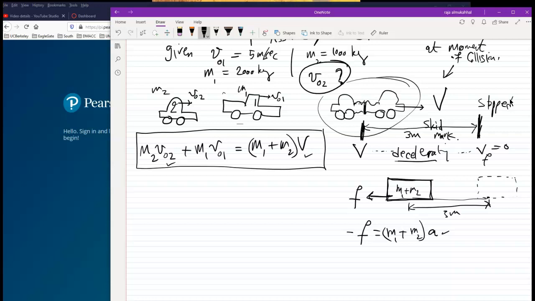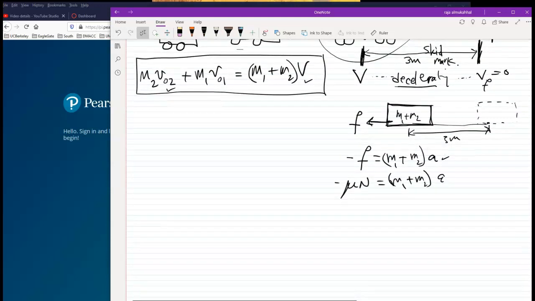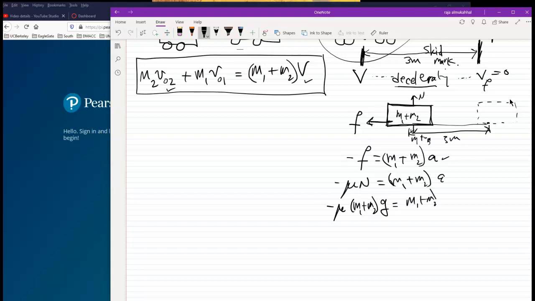So, what is F here? Well, F is mu N equals (M1 plus M2) A with a minus. And then N here is what? N is mg, right? So this is N right there. This is (M1 plus M2) g. You see what I'm saying? So that's minus mu (M1 plus M2) g equals (M1 plus M2) A. Those cancel out.